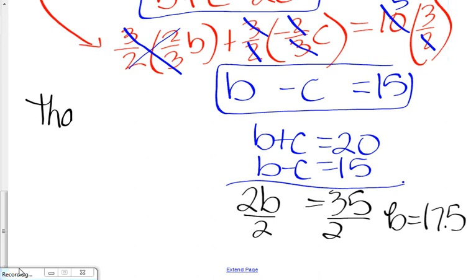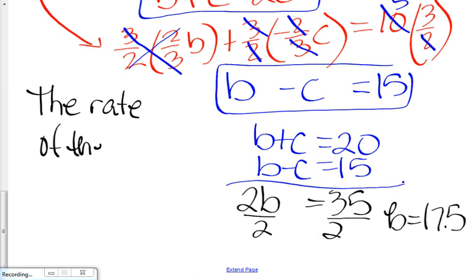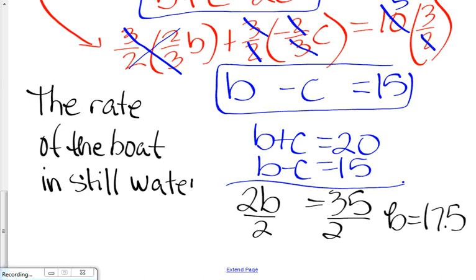The rate of the boat in still water is 17.5 miles per hour.